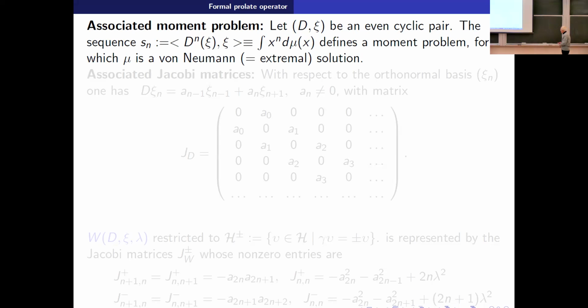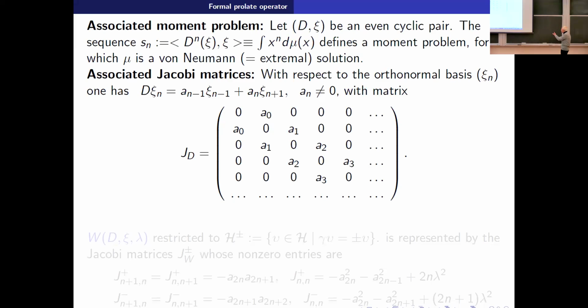Okay, now when you have a moment problem, you have associated orthogonal polynomials, which we already introduced, and you have the corresponding Jacobi matrices with respect to the orthonormal basis of orthogonal polynomials.